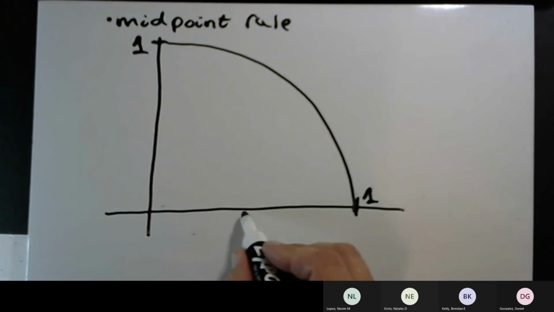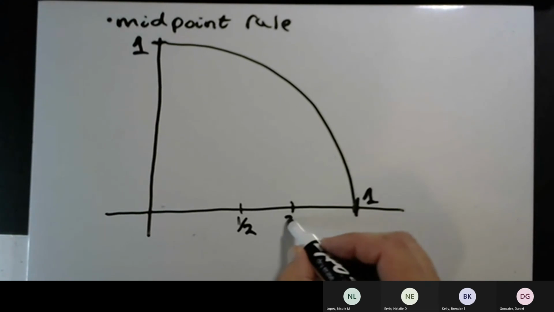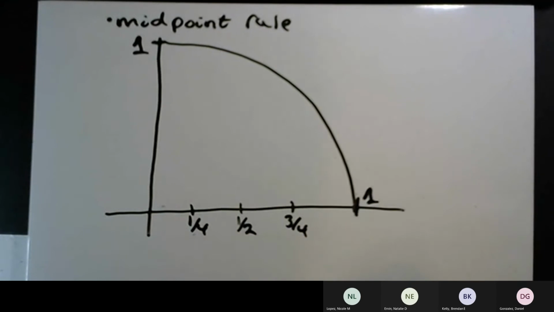We're going to divide this a little more finely. We're going to locate the midpoints between these hashes.